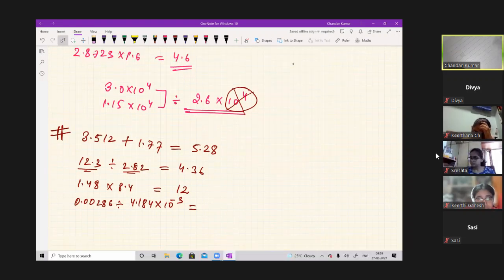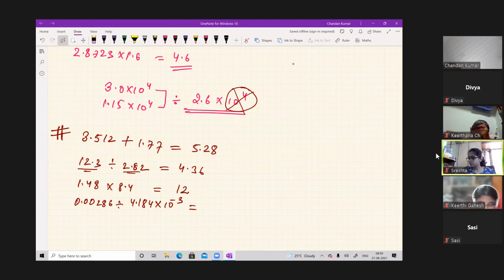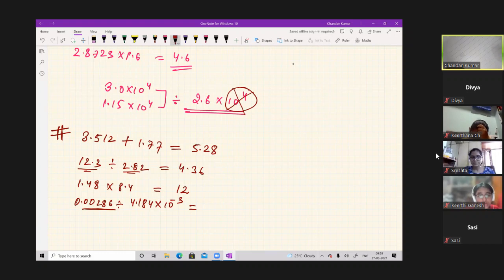0.00286 divided by this number. Come on, how many significant figures are here? 5. And how many will be here? Sir, 0.684 is the answer.